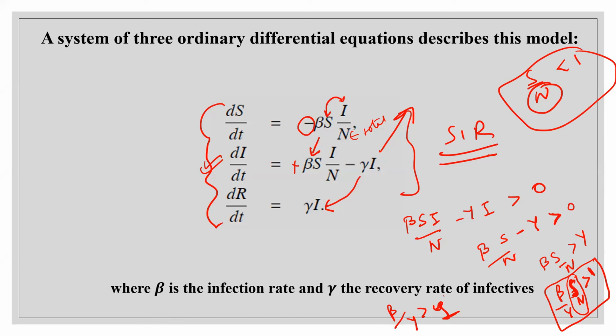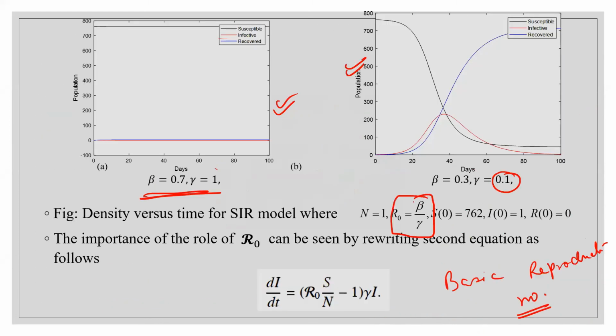So this term should be greater than 1, and we named this beta by gamma the basic reproduction number. When beta by gamma is greater than 1, there is infection, and when beta by gamma is less than 1, we will see no infection.